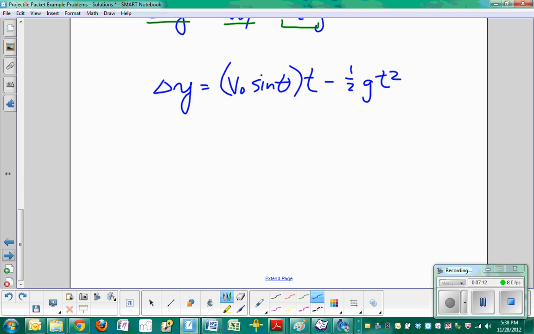All right, one last thing. Now we can put the numbers in. Delta y is equal to, what's our initial velocity? 37 meters per second times the sine of 35 degrees.